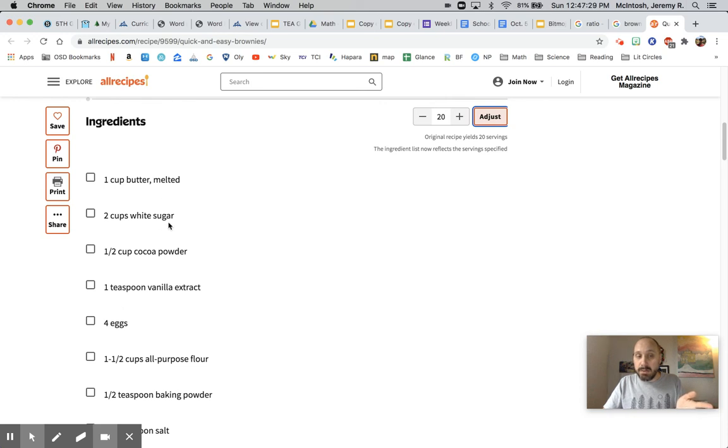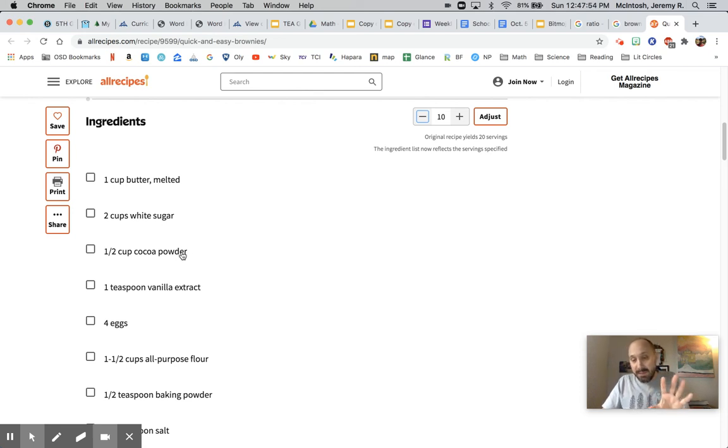1 butter, 2. Let's go half. Let's say I don't need that much. All I need is 10 squares. I'm just going to a little family function. Just need 10 little brownie servings. So instead of 1 cup of butter, I should have half a cup. 2 cups of white sugar should be 1, because half of 2 is 1. Half a cup of cocoa powder.